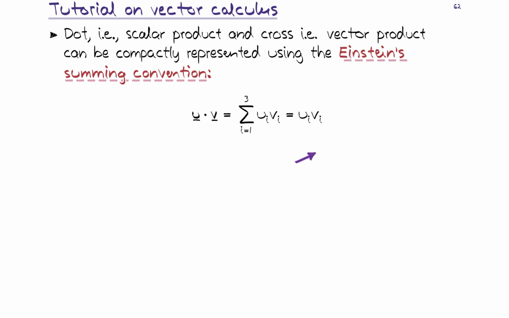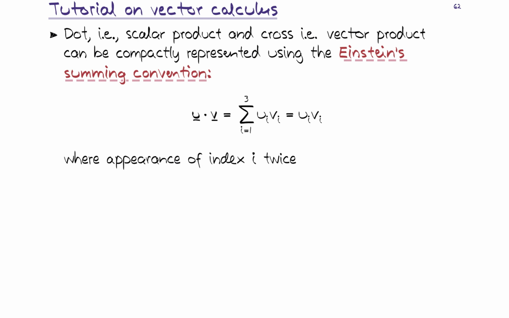When you see this kind of notation, you should have alarm bells ringing in your mind: there's some index i, what on earth is it and what should I do with it? When you see two repeated indices, you remember that this may be Einstein's summing convention and you should proceed accordingly.